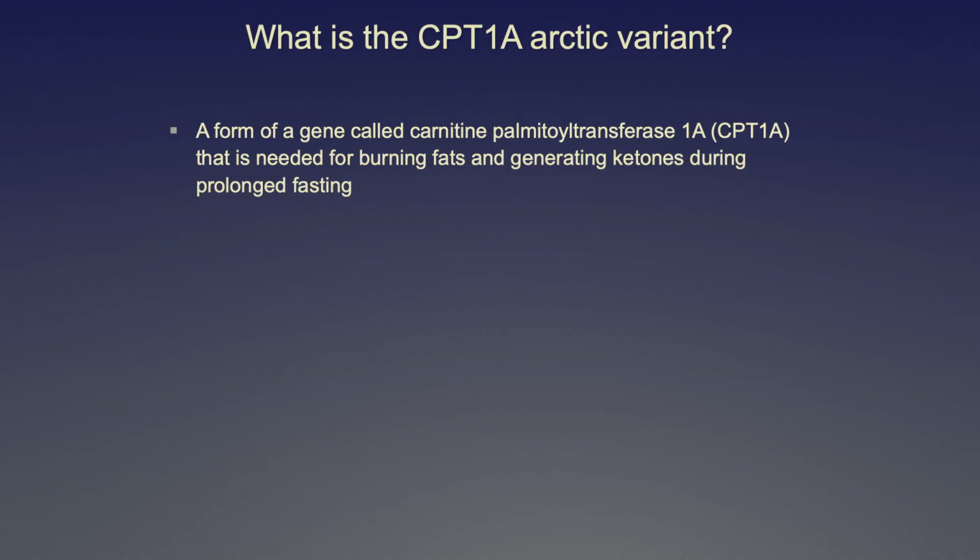The CPT1A Arctic variant, or Arctic variant, is a form of a gene called carnitine palmitoyl transferase 1A, or CPT1A. This gene is essential for burning fatty acids to generate ketones during periods of fasting when there are no other sources of fuel available.